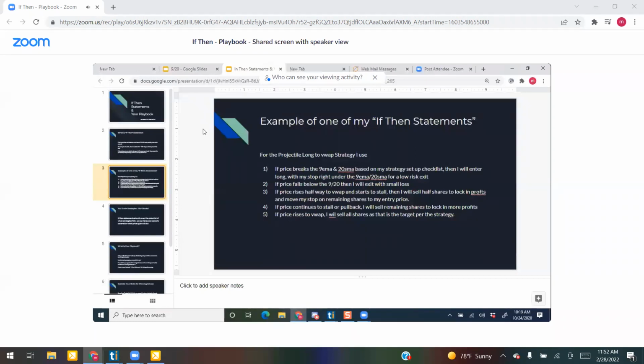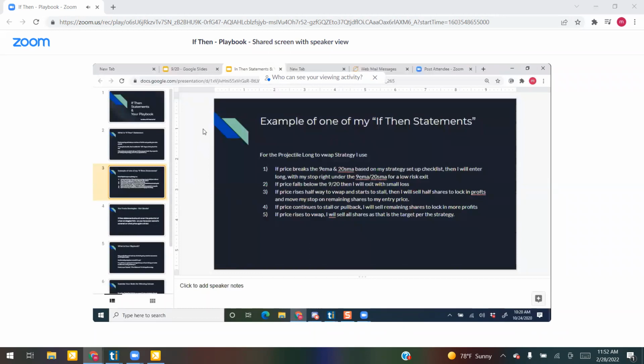Now, like anything else, I'm constantly keeping my eye on the market and how conditions and strategies work, which means these 5 bullet points can be changed only if the market action starts to dictate it on a repeating behavior. And often I can pick that up on some back testing that I do. So that's a good example of an if-then statement.